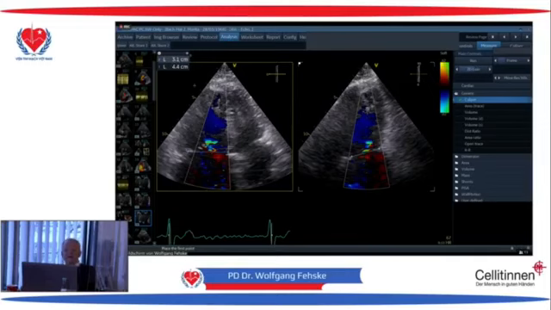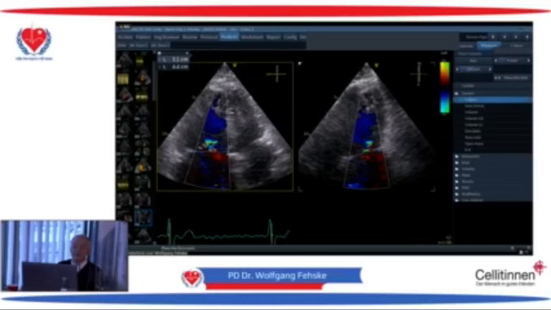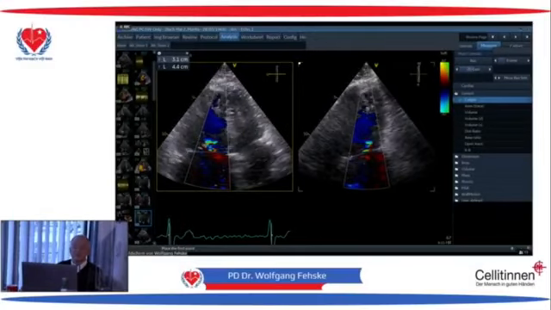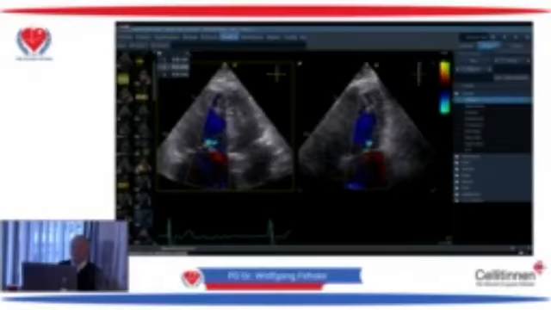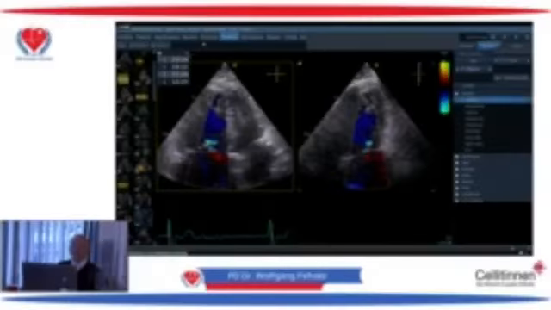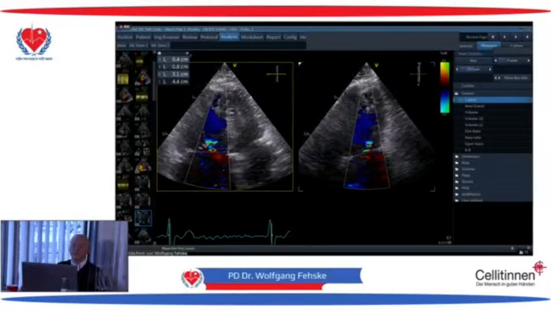It is slightly enlarged tricuspid ring, and then we have the factor. You remember the patient we had before. In this respect, this changes with respiration.